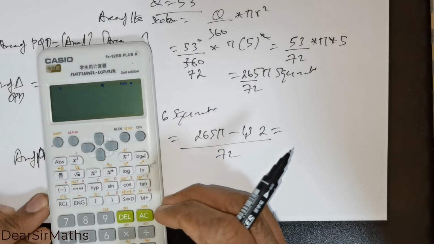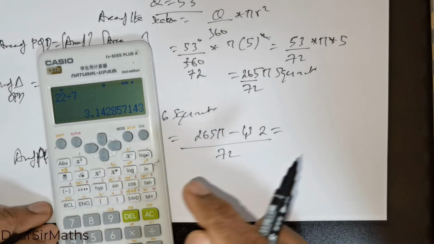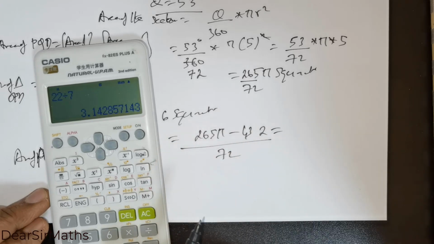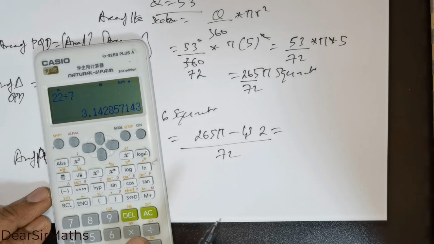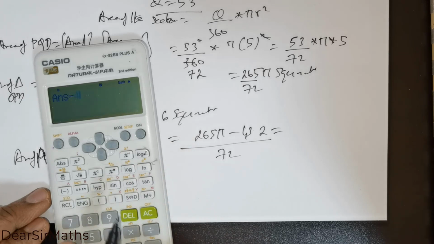So I'm going to take the value of pi. Let me just take 22 divided by 7, multiplied by 265. So what do you get? You get 832, and from this you take away 432.